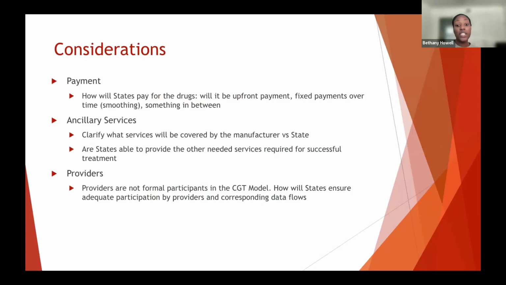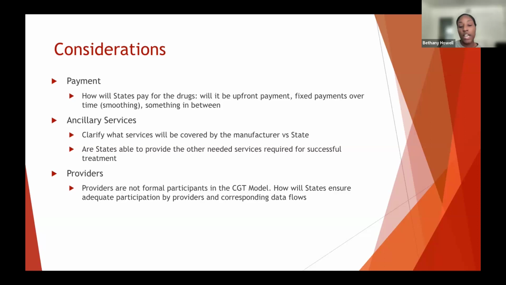So there are some key considerations to think about as the model's being developed. We have some official information from HHS that has been published, but there are a lot of lingering questions around the model itself. So one is for payment. It's important to think about how states will pay for drugs.